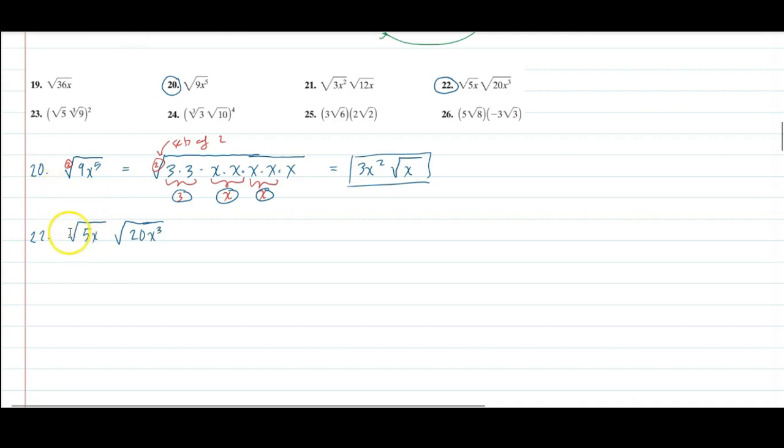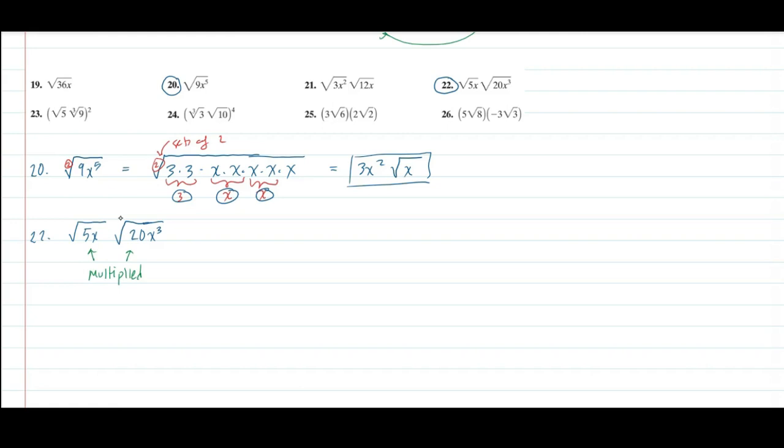What does this mean? It says root 5x, and right next to it says root 20x cubed. If you don't know, what's really happening is these 2 roots are being multiplied. When you write something next to another number or expression in algebra, that means those 2 expressions are being multiplied.